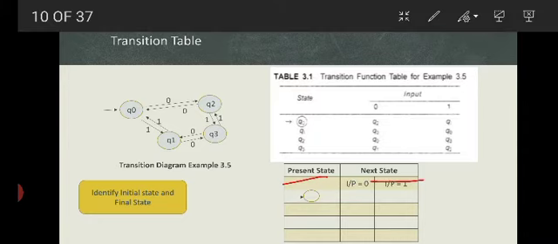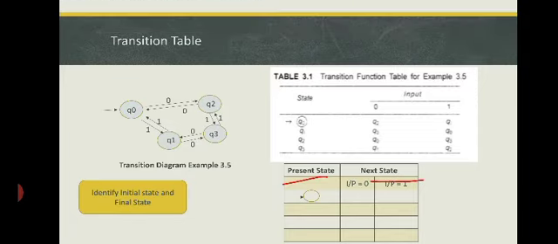Now draw the table. For that, first write down the different states that are there into the present state column. So first is q0, then q1, then q2 and q3. These are all the states present in this transition table. Next we have to fill up the next state column.